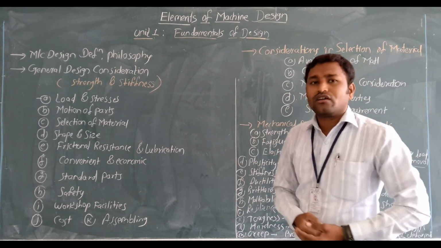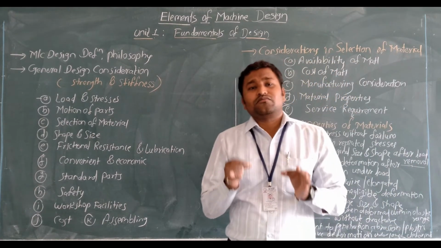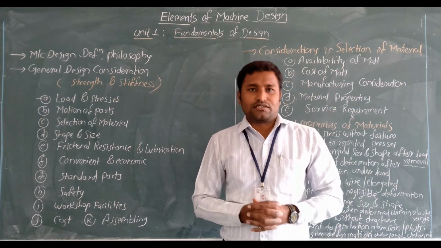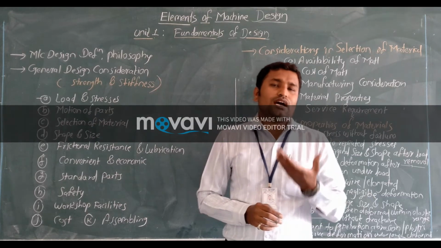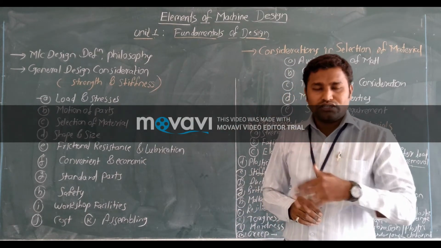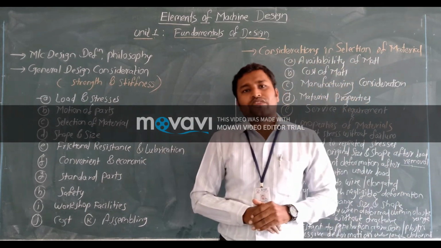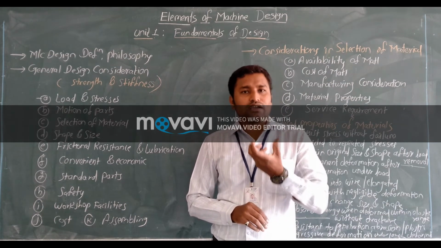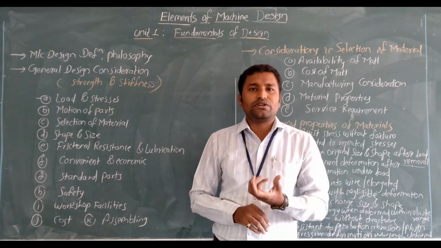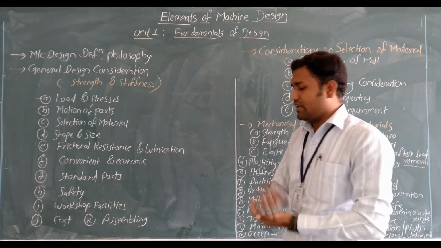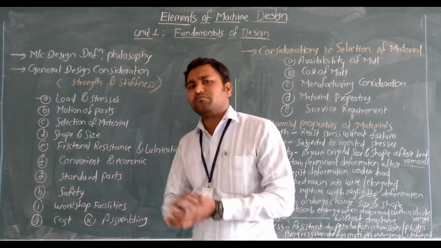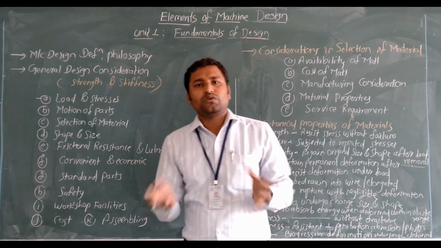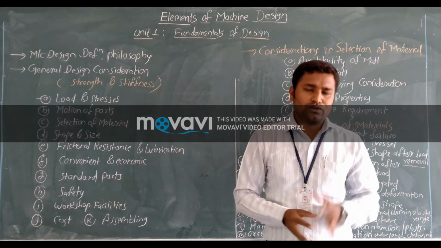Then after it, cost is a very important factor. Obviously it should be available at cheap cost. The designer should design such that cost is included, meaning it is available cheaper in cost. Then finally assembly. Okay, assembly means a number of detail parts should be assembled at only one place.